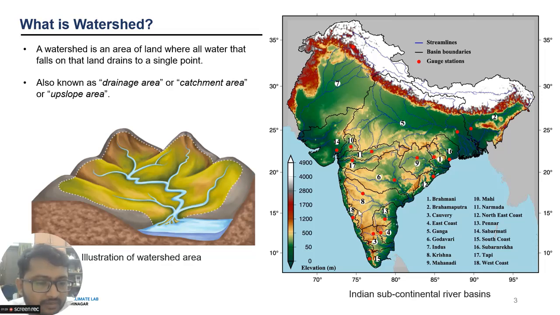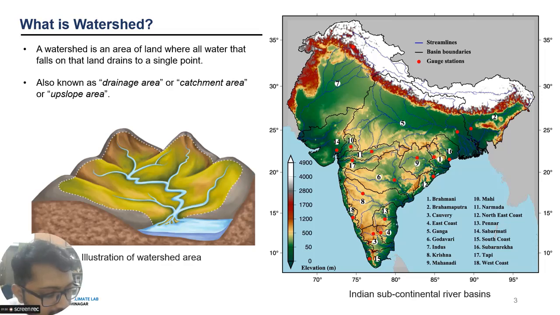So Godavari, Krishna, Kaveri, then this is the west coast, Sabarmati, Indus, Ganga, Brahmaputra. Then you have here Subarnarekha, Brahmani, and then Mahanadi, and then this will become your northeast coast. Then number 4 will become east coast, number 18 will become the west coast, number 15 will become the south coast, and this is the Sabarmati River Basin. So this is how the major river basins are divided in India.